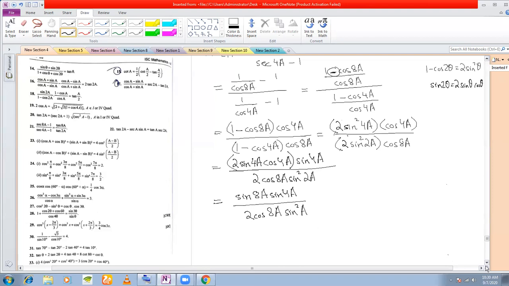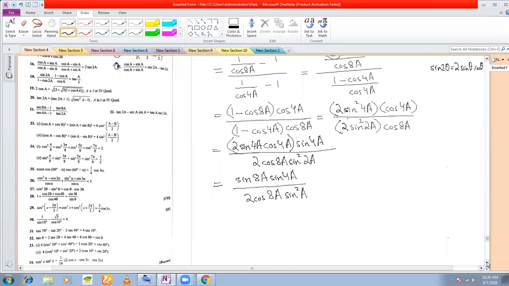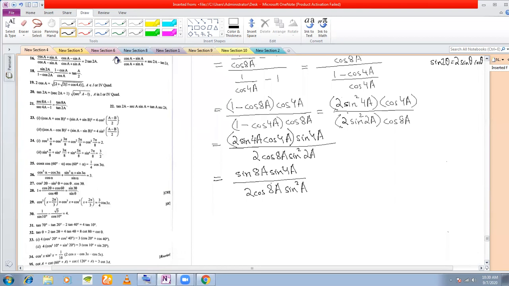Okay. So now what happens? You see that you have, this is sine square 2a.